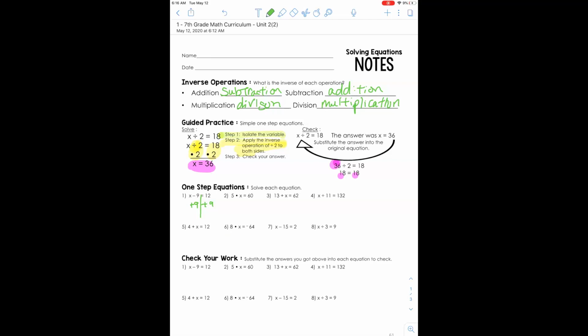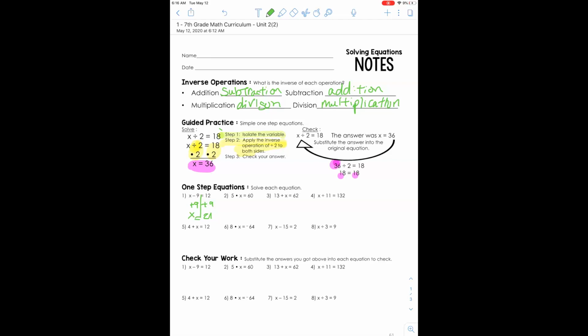Negative 9 plus 9 is 0. That is why we use our inverse operations, because it undoes what we have done on each side. So now we're isolating it so that we just have x left. And 12 plus 9 is 21. So we have x equals 21.